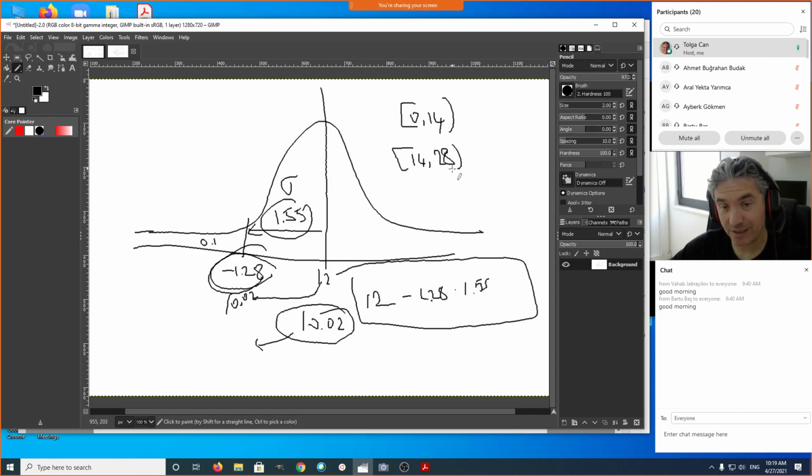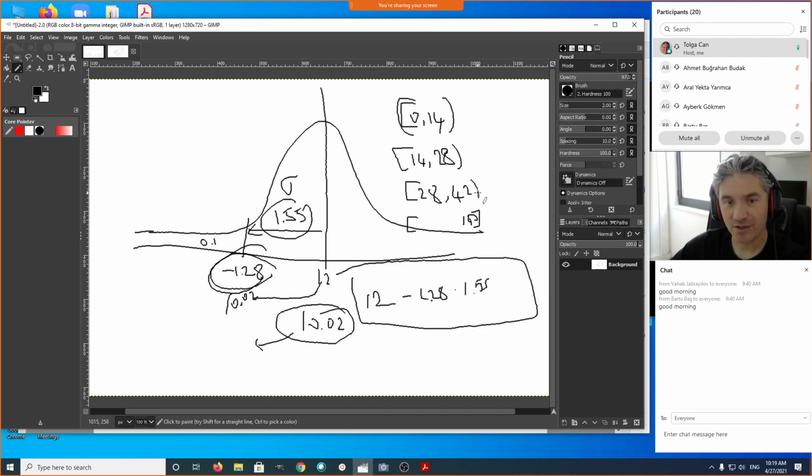So 28 is exclusive. The next bin starts at 28 and goes all the way to 42. And the last one is going to probably contain 140 as well, so that you ensure both ends are included.